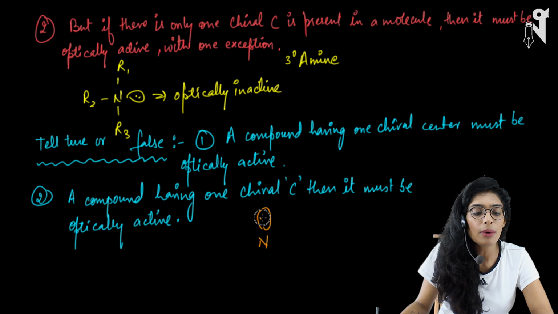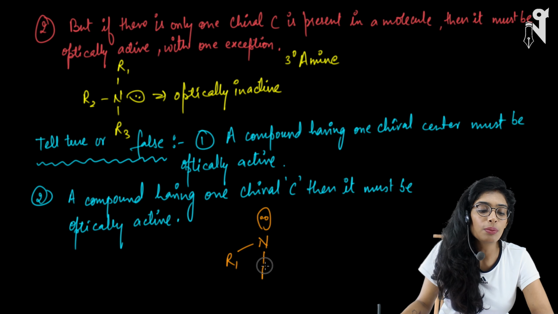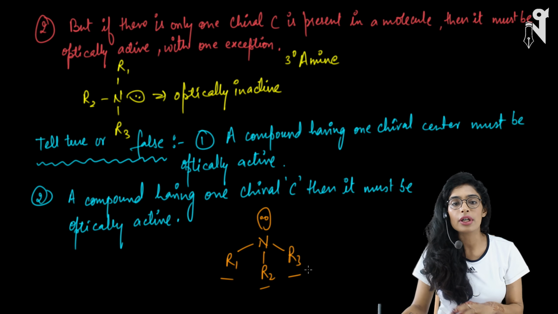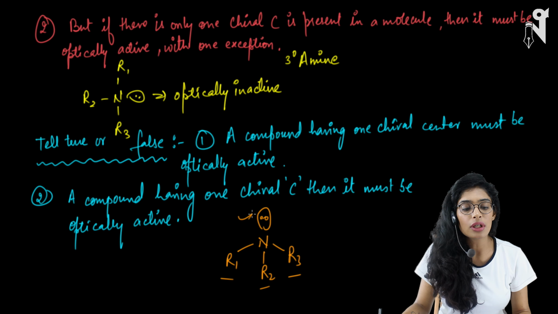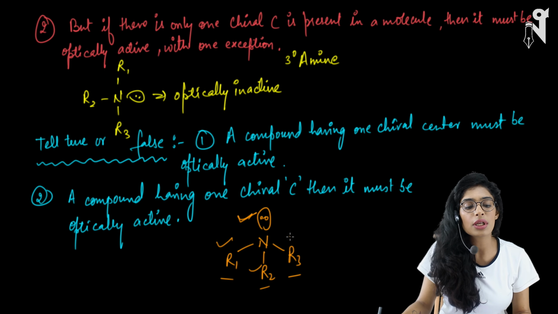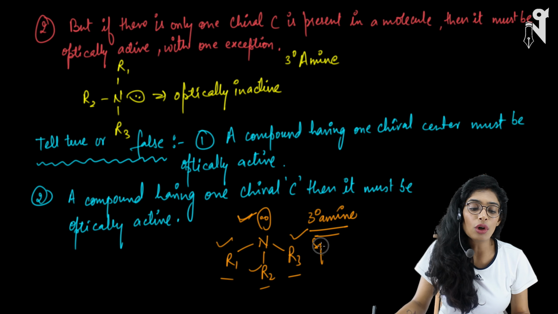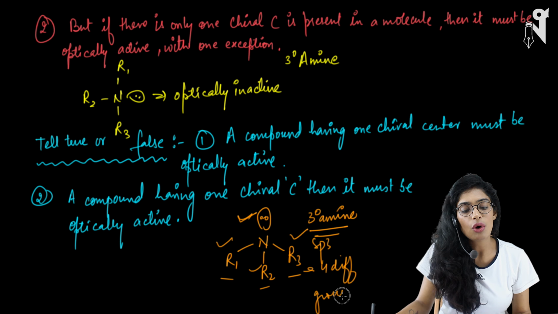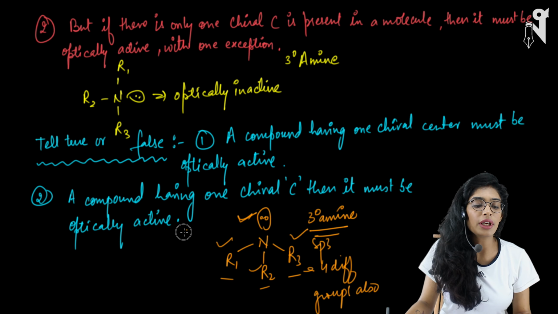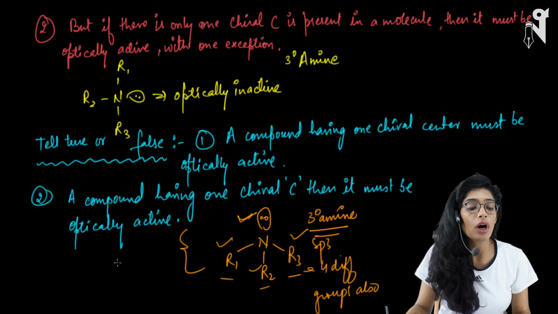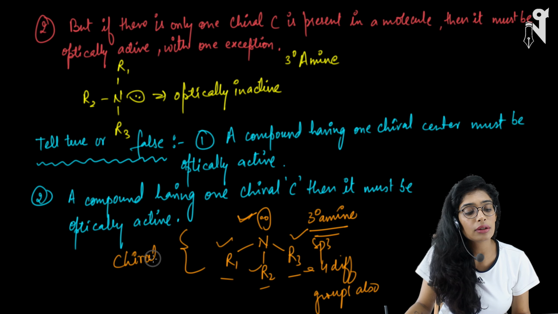Here, in the tertiary amine, nitrogen has one lone pair, then one R group, another R group, and a third R group. Mandatorily these 3 R groups should be different. So all 4 attachments are different: one is the lone pair and 3 are different R groups. This is your tertiary amine, which is sp3 and has 4 different groups, so it is pretty much valid to be called a chiral center.